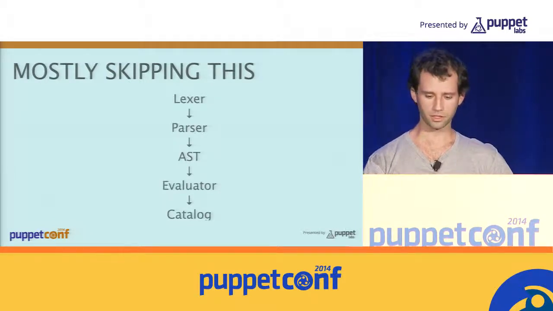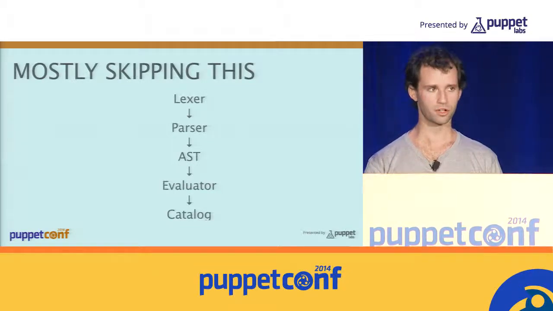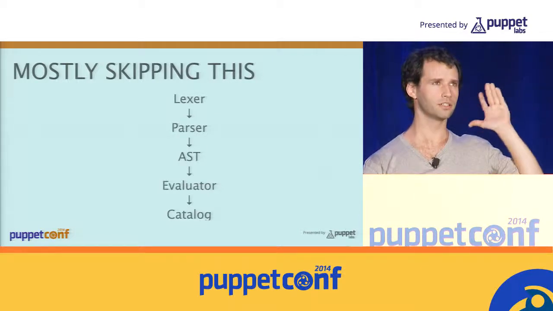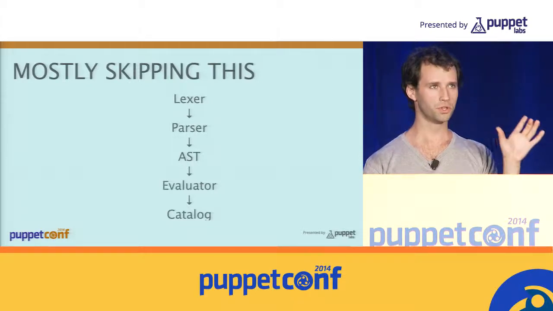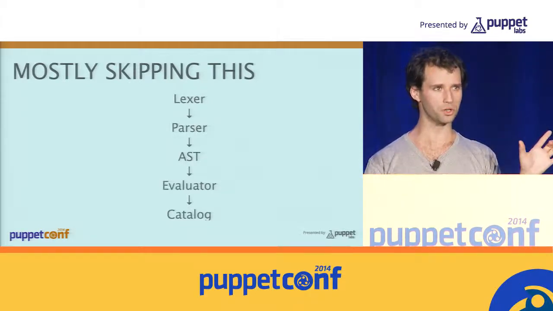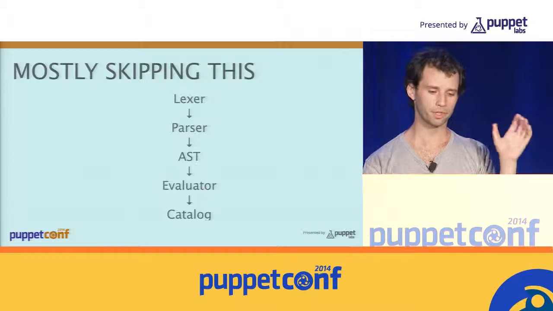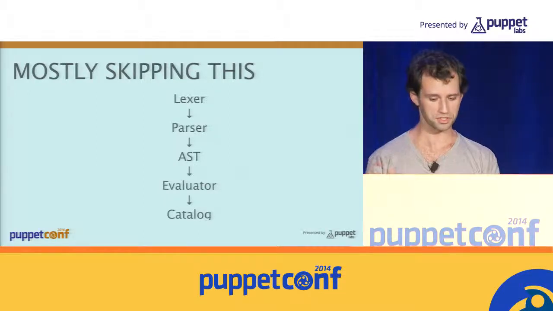Basically, there's a lexer, which turns Puppet code that you write into normalized tokens. So for example, it sees a left parenthesis, and it turns it into this unambiguous symbol that just means left parenthesis. And then it does that with the next thing it sees, et cetera.